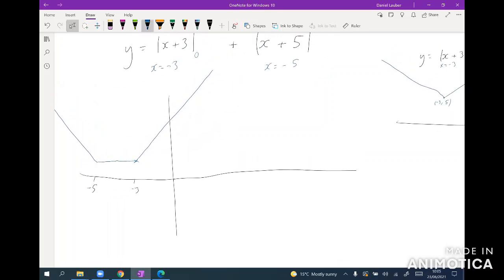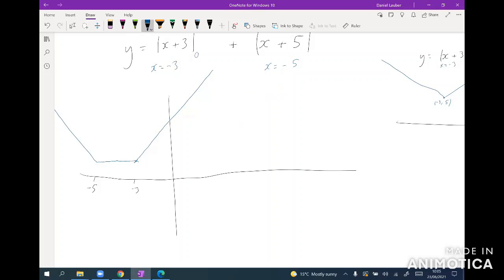And so let's talk through that a bit more methodically in terms of how you can learn to start doing that. What you want to do is start off by dividing it into those regions, as I did there, x equals minus 3 and x equals minus 5.